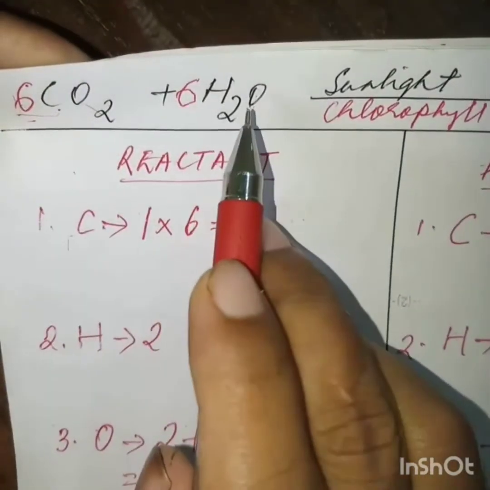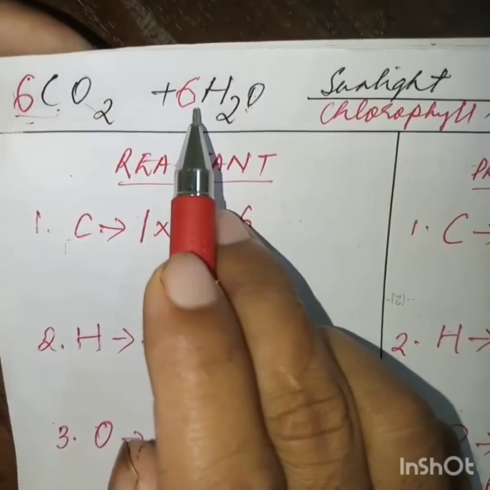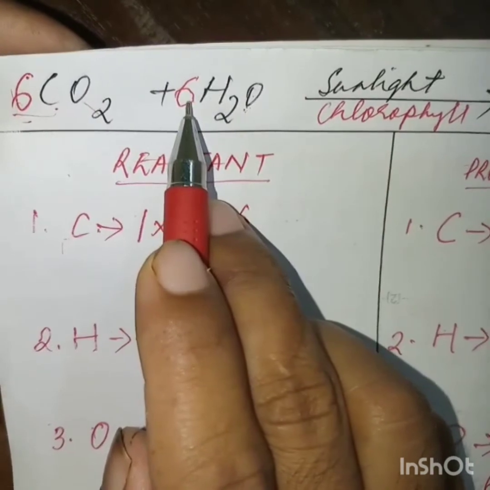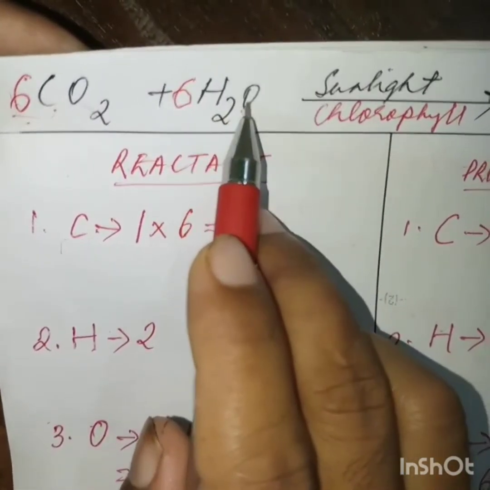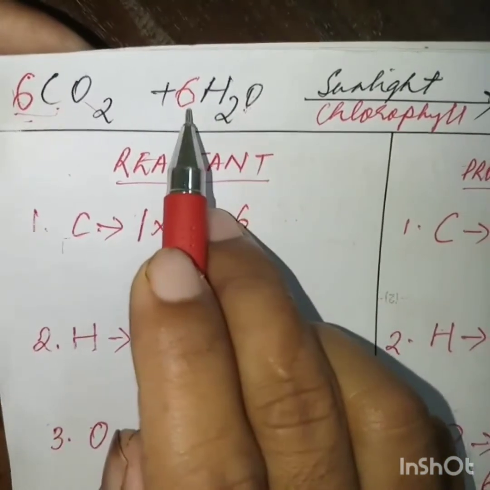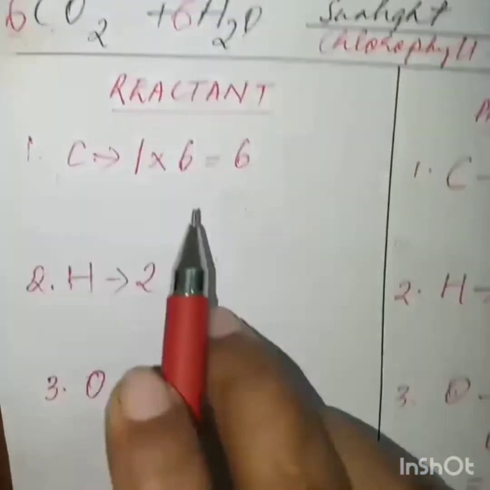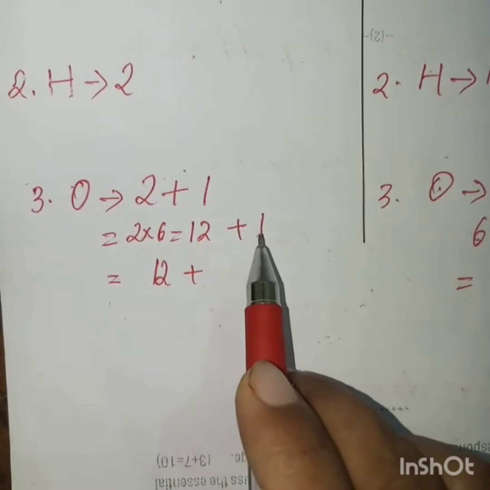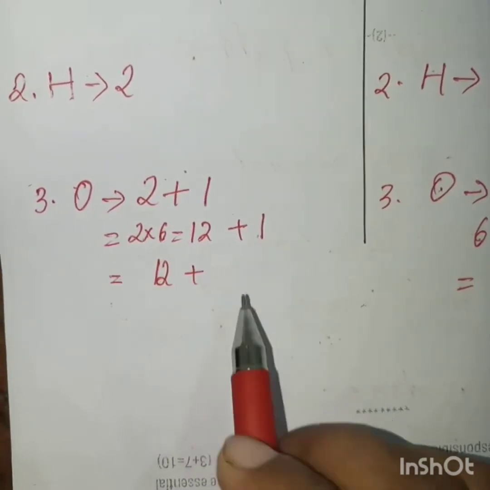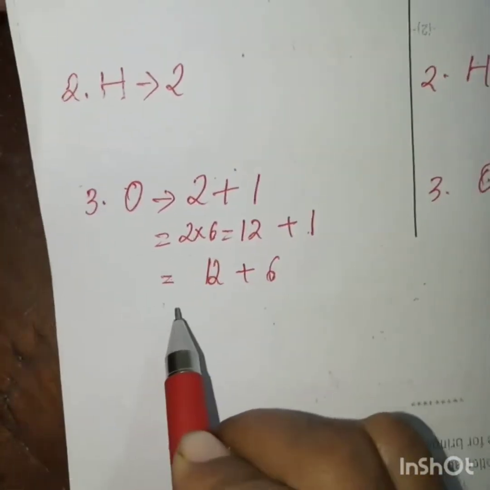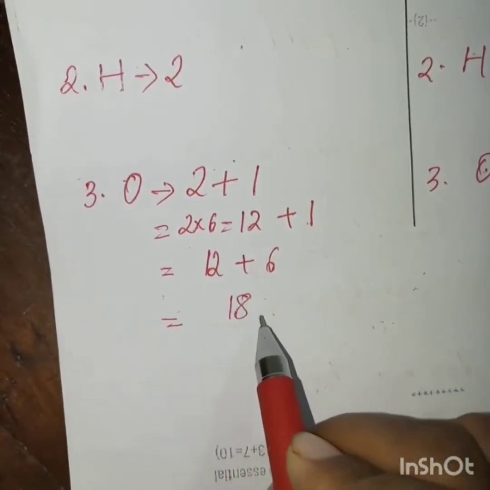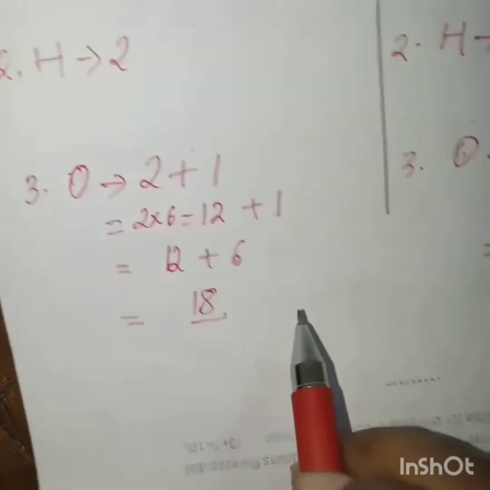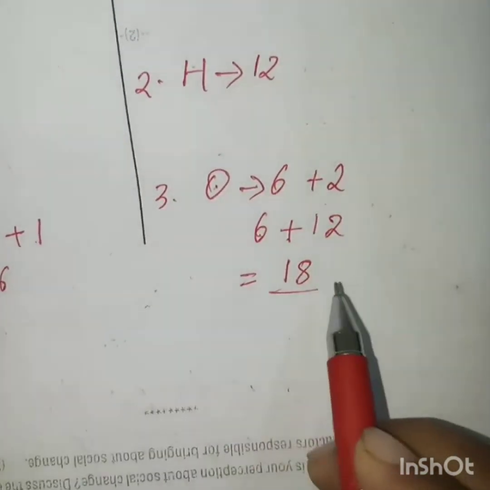Before, when we added the extra 6, there was only 1 oxygen, but now we have added extra 6, so now the number of oxygen is not 1 anymore, but it is 6. So if you do the sum, it will come up to 18. So now here we have 18 and here we have 18. So now it is balanced.